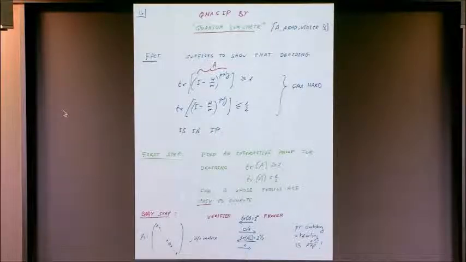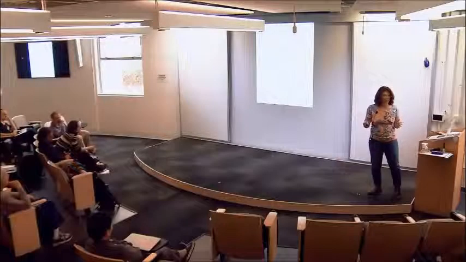It turns out to suffice to do that. If you know how to do that, then you know how to solve QMA. You know how to distinguish between eigenvalue 0 and eigenvalue 1 over poly. And in order to do that, you need to find an interactive proof for the trace. You need to allow the prover to convince you that the trace is something without being able to cheat.